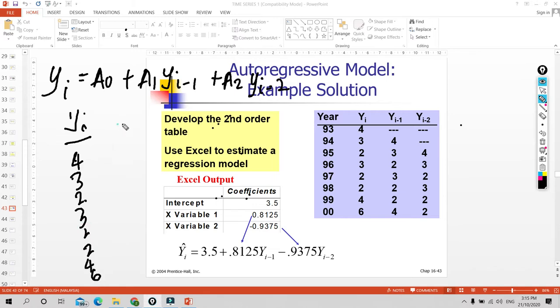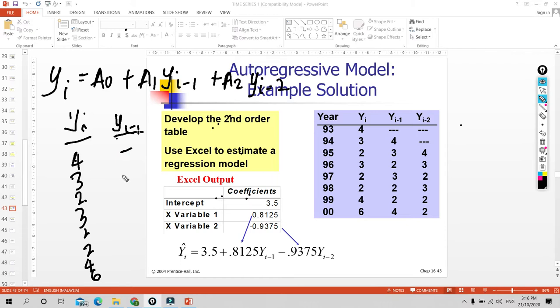Now y i minus 1 means we take the previous one. For the first one, we do not have previous data, so we just leave a blank like that.